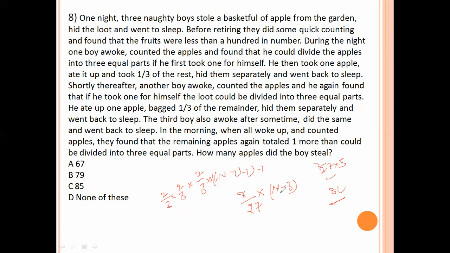So now here 79 minus 3 is 76. 76 divided by 27, approximately this will be divisible by this value. So option number B is the right answer.